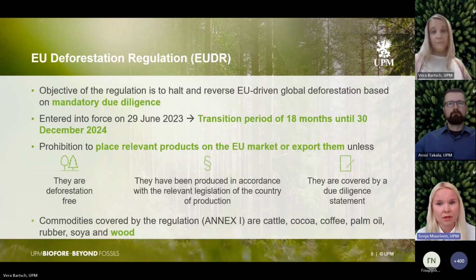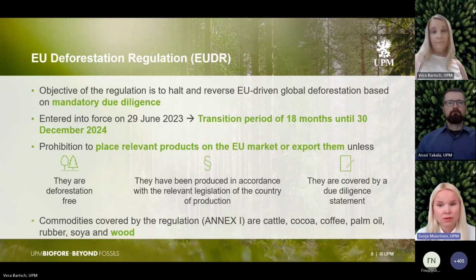After December 30th, it will be prohibited to place relevant products on the EU market or export them unless they meet the following criteria. They are deforestation-free, they have been produced in accordance with the relevant legislation of the country of production, and they are covered by a due diligence statement.